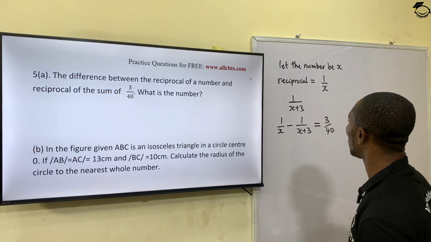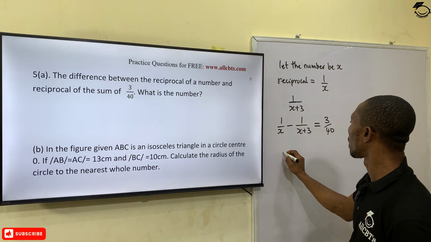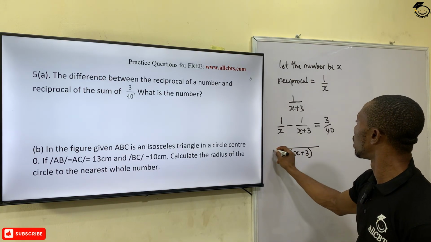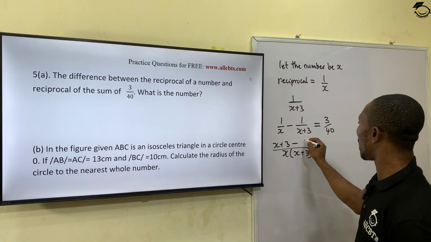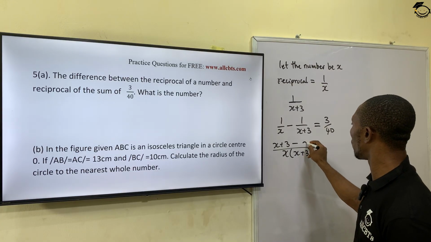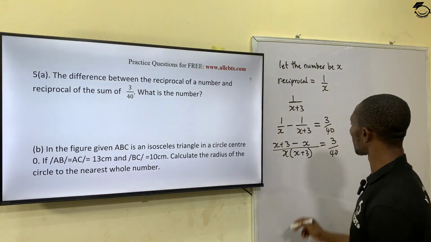Now, if we are to find x, our LCM here will become x bracket x plus 3. All right, x here will give us x plus 3 minus x plus 3 here will give us x equals 3 over 40.